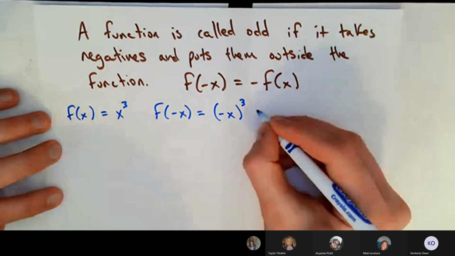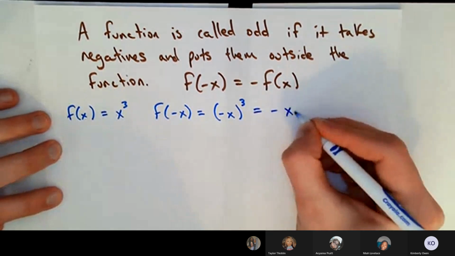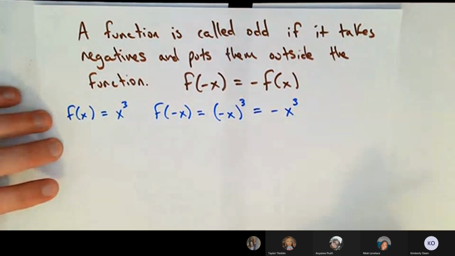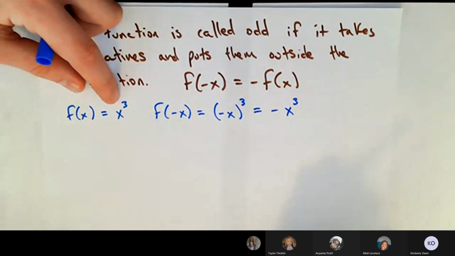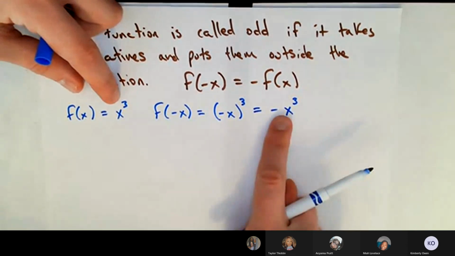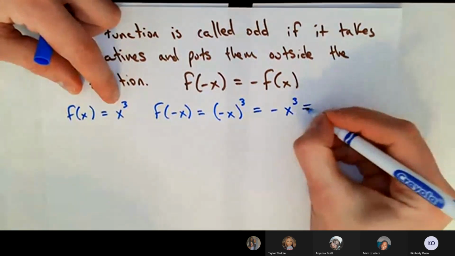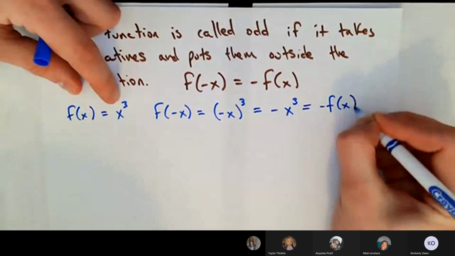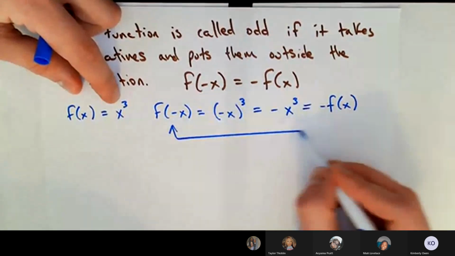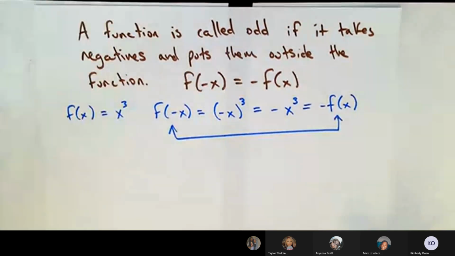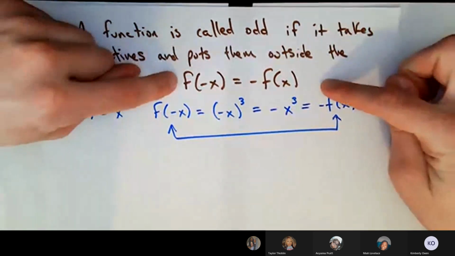There's still going to be one. In other words, I end up with negative of x cubed. But the original function is x cubed, so now I've negated it. It spit the negative out on the outside. So when you have this sort of relationship, the function is called odd. That's an algebraic representation of it right here.